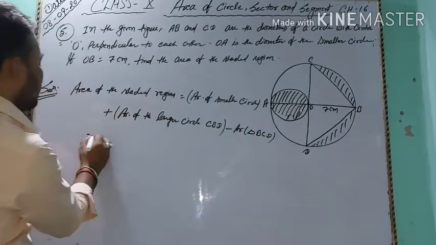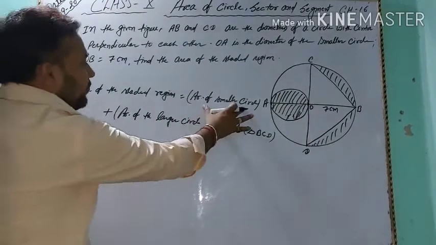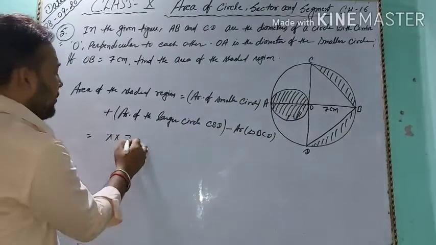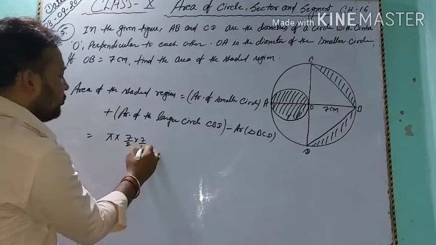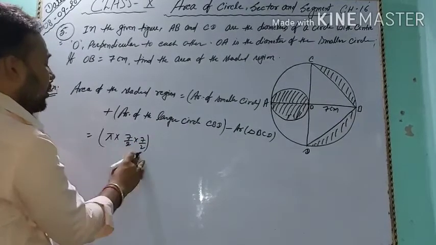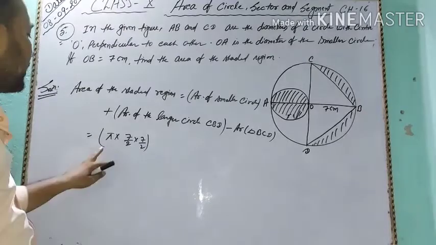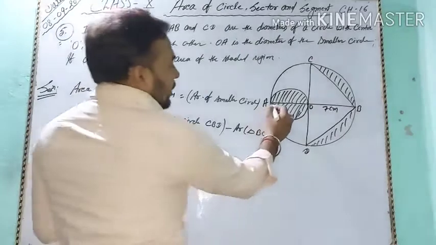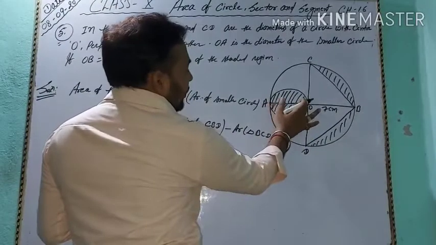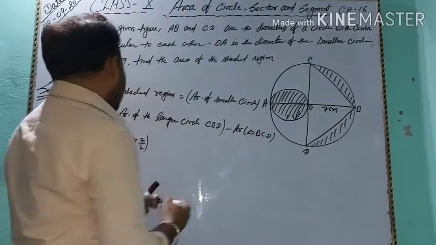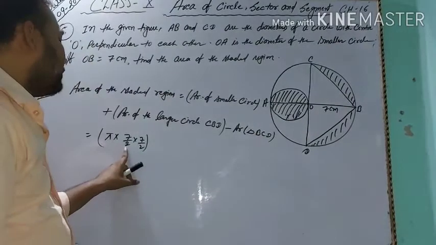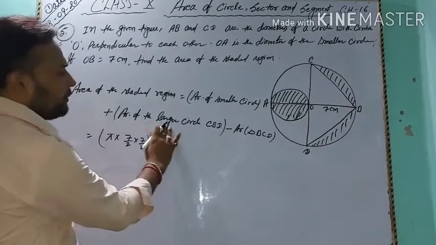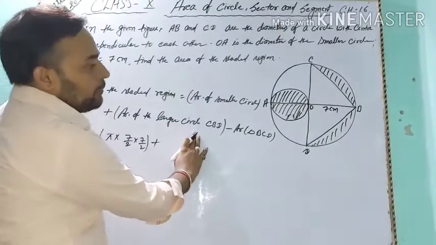Area of a smaller circle is pi r square, where OA is the diameter of this circle, so radius is 7 by 2. So pi times 7 by 2 multiplied by 7 by 2, plus area of the larger semicircle CBD.